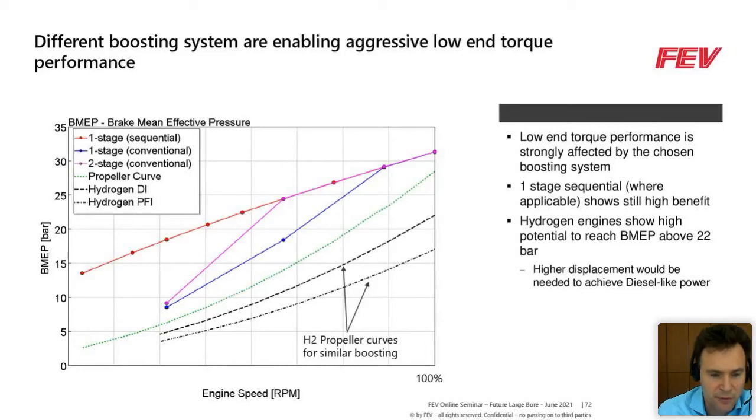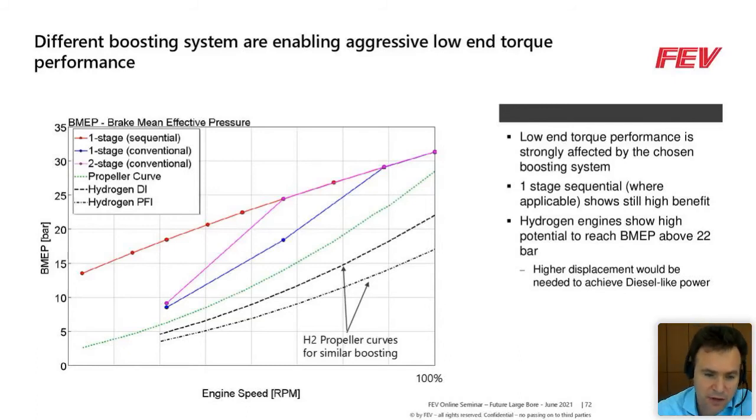For example, if you go for one stage, we will have a significant drop of the torque reserve. If you go to a two-stage conventional, this will improve. But of course, in this case, to have a very high low-end torque reserve and also at very low engine speeds, a one-stage sequential will most likely be the most beneficial system.